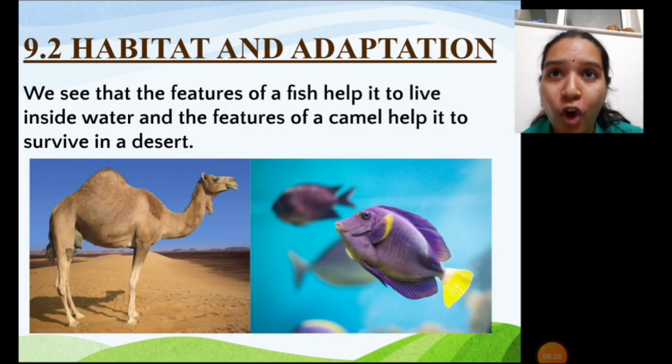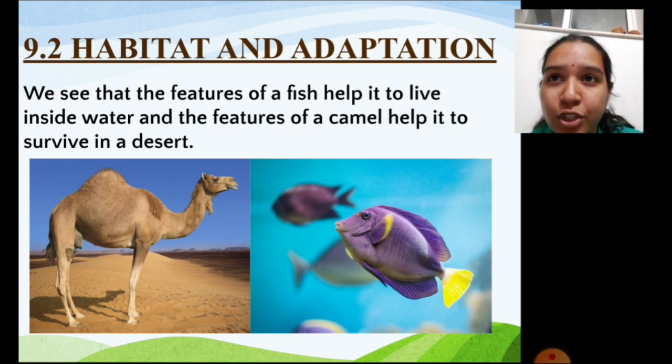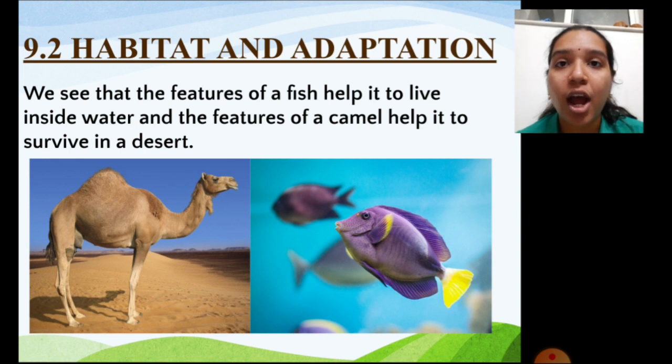The body forms, shape, structure, physiological changes of the body, etc. of a fish are to live inside the water, and those of a camel help to survive in the desert. That means both are living beings which have developed their body functions to comfortably live in their own habitats.